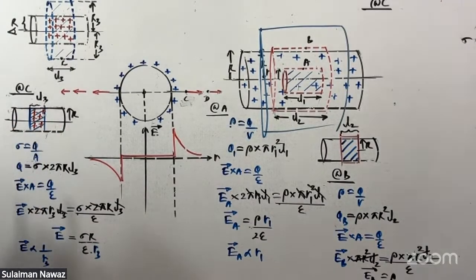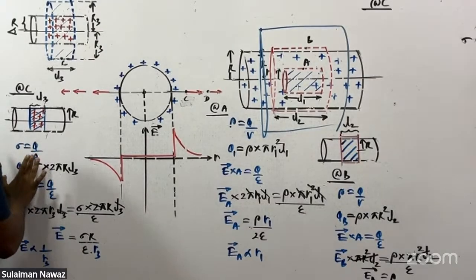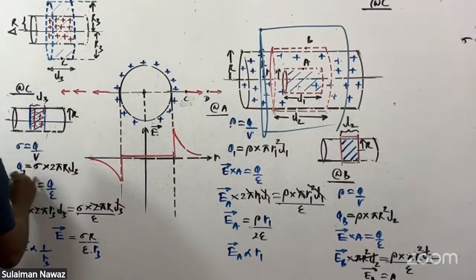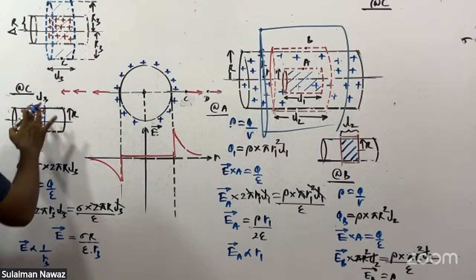The total charge: sigma equals Q over volume. That means Q3, let's say QC, equals sigma into this volume.